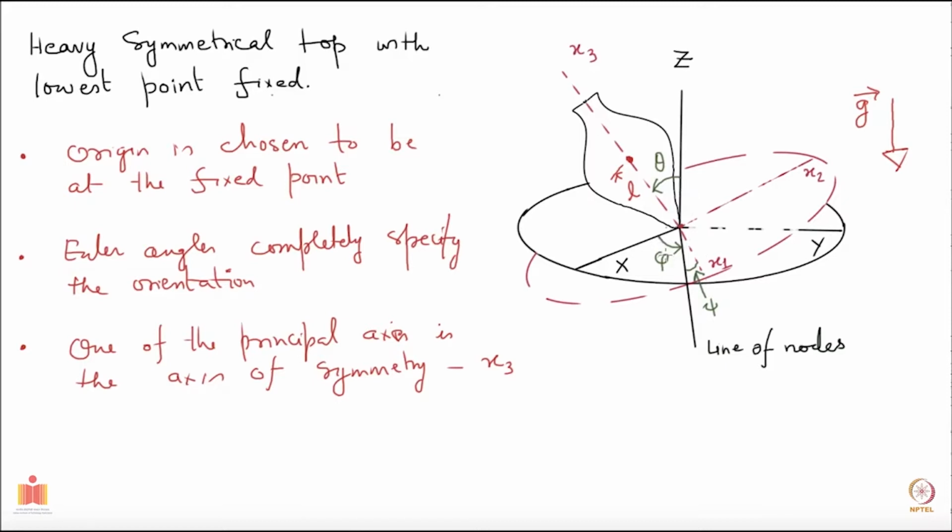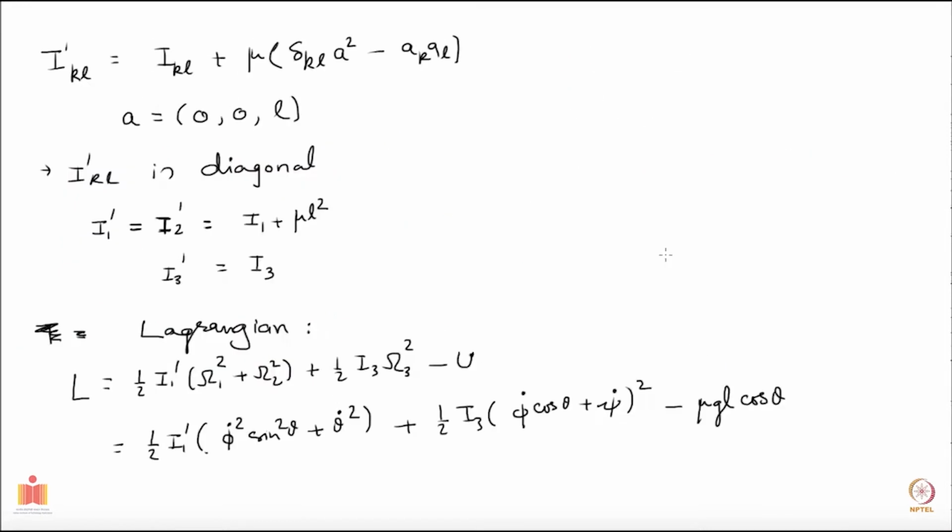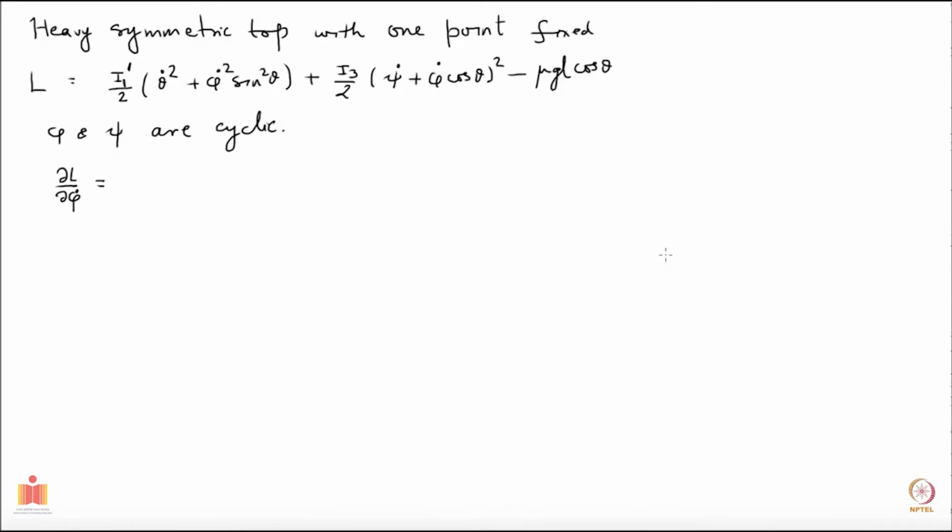So this corresponds to the angular momentum Mz. You take your angular momentum and project it along z. That is what is del L over del phi dot, and this comes out to be what? So this term will contribute and this term will contribute.